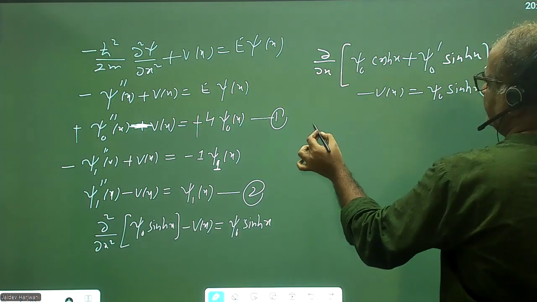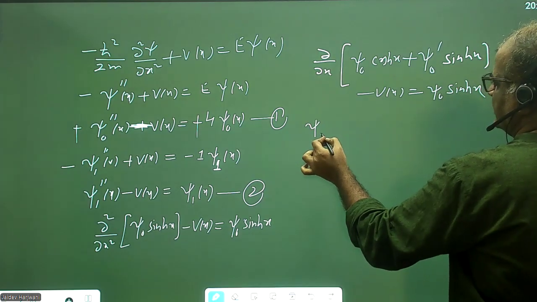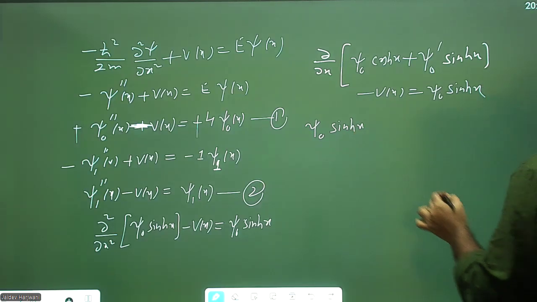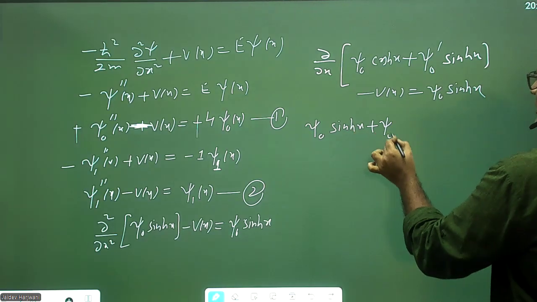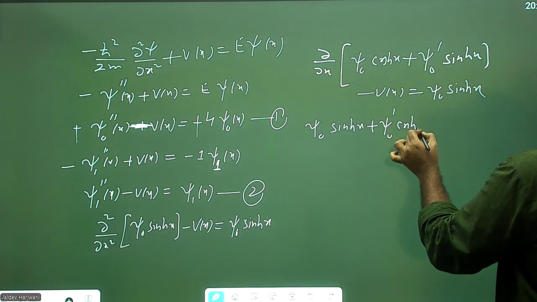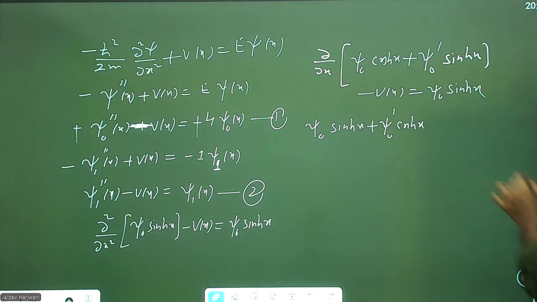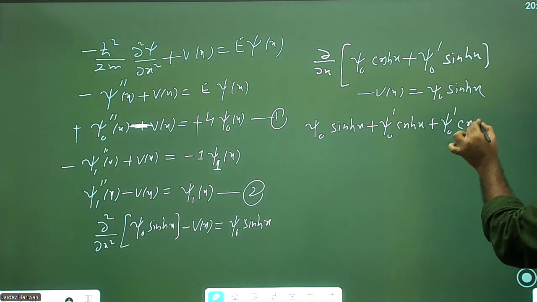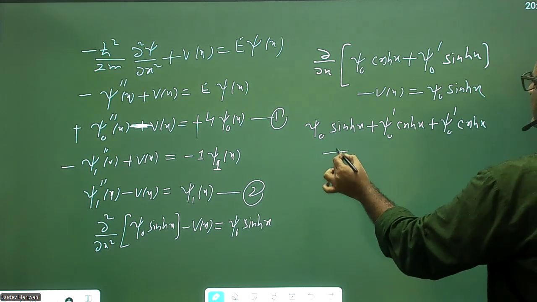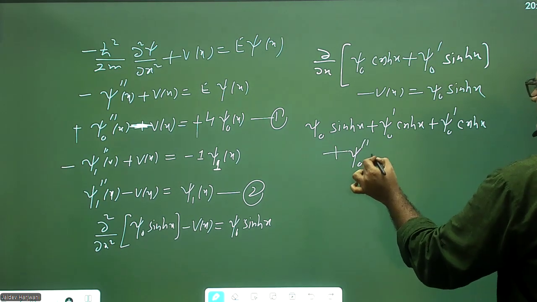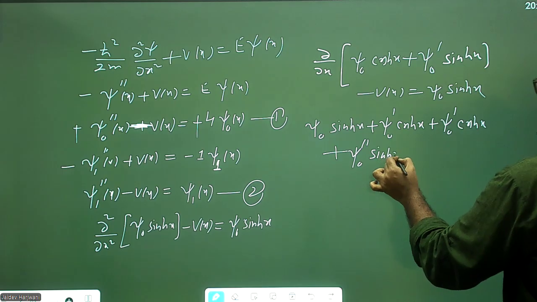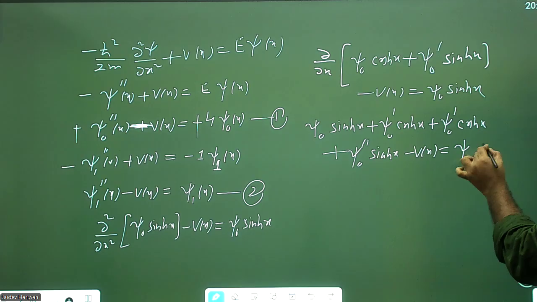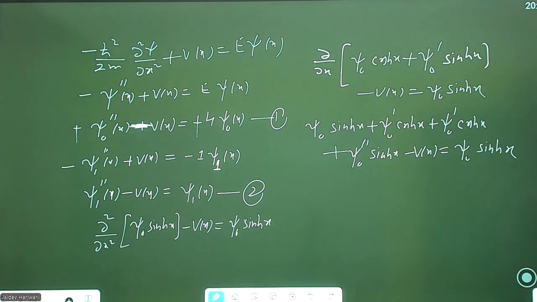Differentiate one more time, it will give you psi naught double dash sine hyperbolic x, then psi naught dash cos hyperbolic x twice, then psi naught sine hyperbolic x. Then you have minus Vx psi naught sine hyperbolic x.